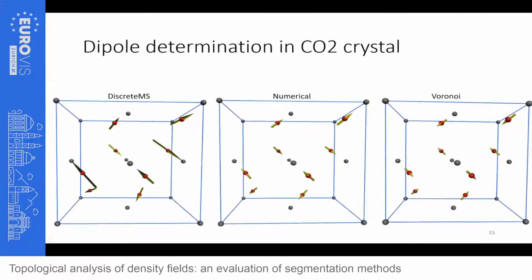And the other thing which we try to analyze and determine is the dipole moment in the CO2 molecule in a molecular crystal of CO2. In this case, the property which is known is that the oxygen steals electrons from the carbon, and you get a dipole moment along the bond between the oxygen atom and the carbon atom.